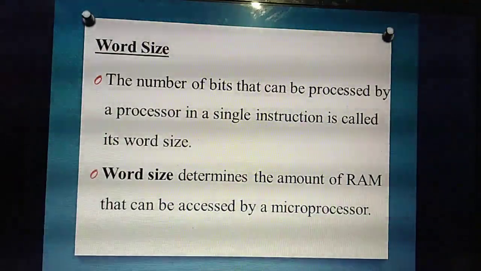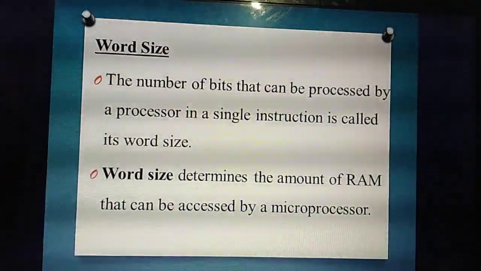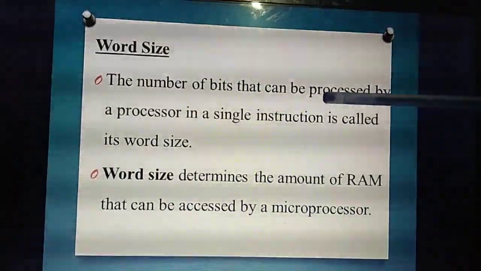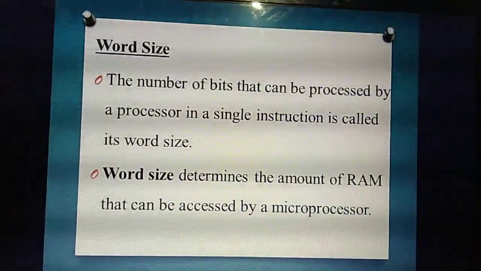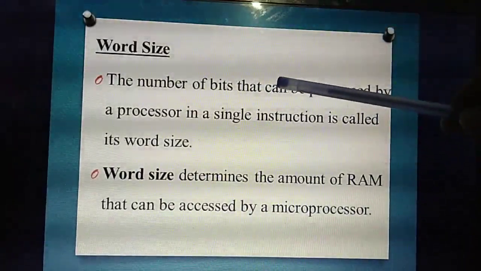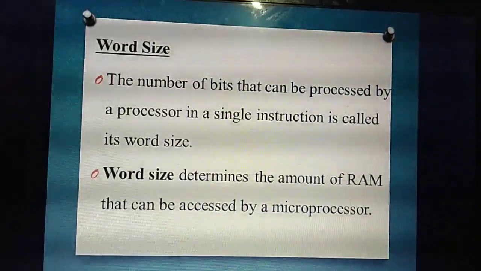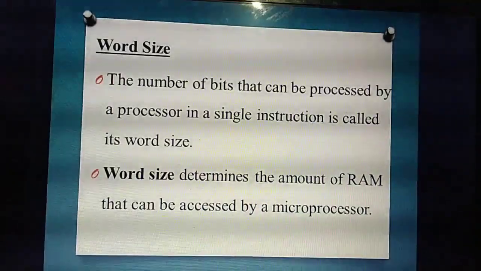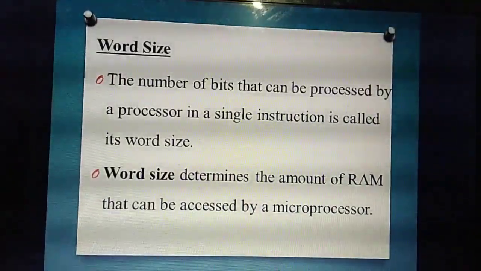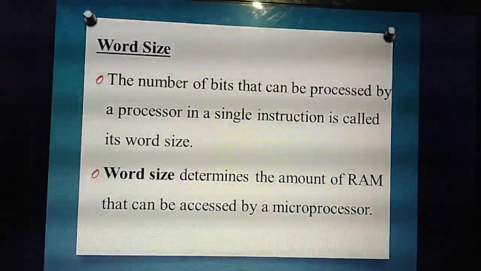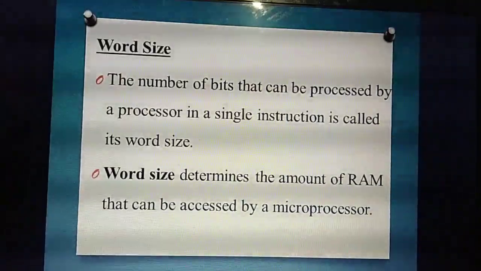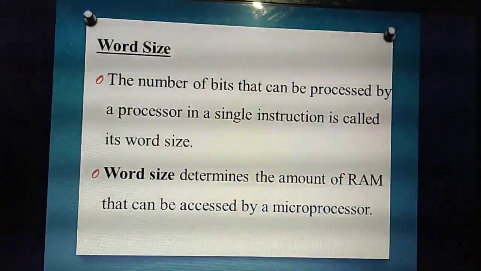Likewise, if we are giving one single instruction, the instruction means input. The input is taken by the computer by means of bits, that means 1s and 0s. So in a single instruction, how many bits can be processed by a processor? How many bits can the microprocessor process for a single instruction?